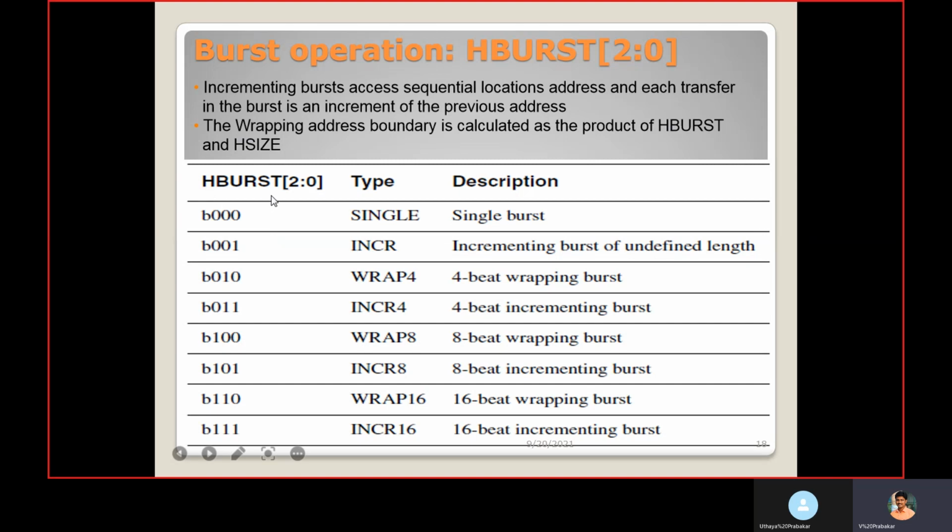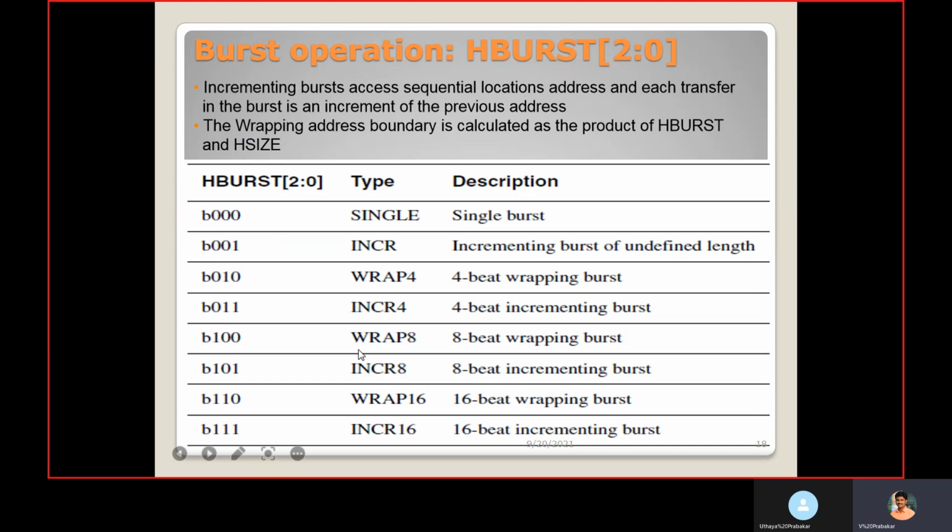For example, if fetch burst is 0, that is a single burst. If it is 1, that indicates an incrementing burst of undefined length. If it is 2, it's a wrap 4 burst. If it is 3, increment 4.